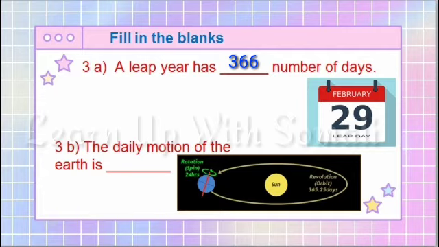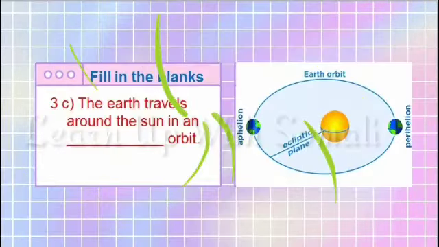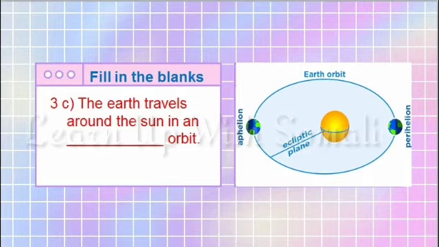3b, the daily motion of the Earth is rotation. Question number 3c, the Earth travels around the Sun in an elliptical orbit.